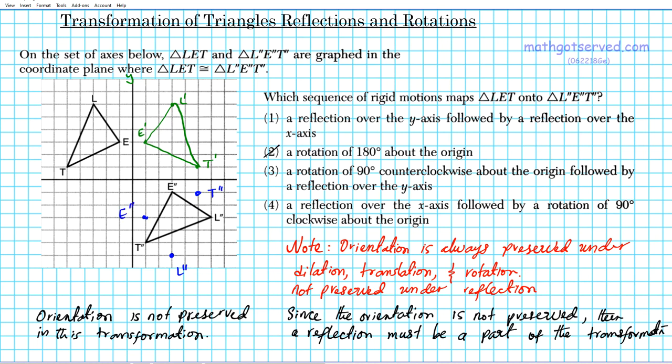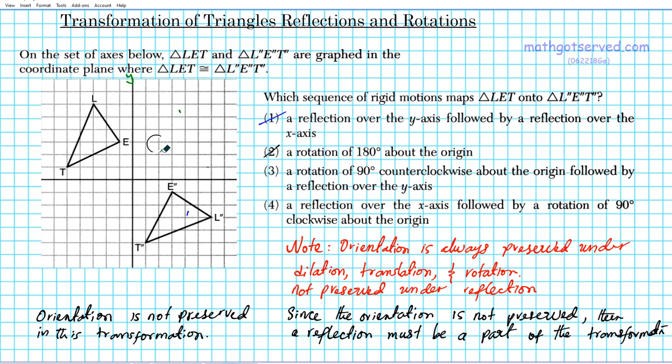This would be the resulting shape, that's the sketch. We can clearly see that it is not option 1, because the resulting figure doesn't overlap the image perfectly. We can skip option 2, because we know it cannot be option 2, since the orientation is not preserved there.